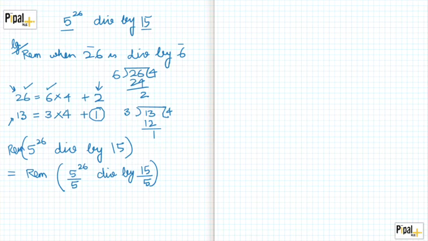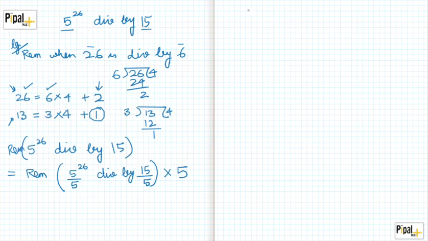So I've divided both the number which must be divided and the divisor by 5, and whatever remainder I get after this operation, if I multiply it back by 5, that should be my answer. So let's do this.